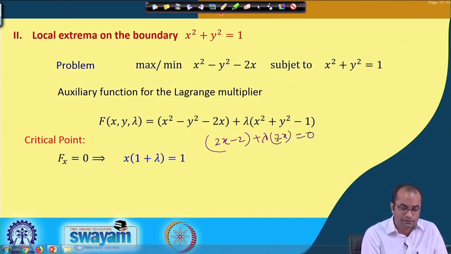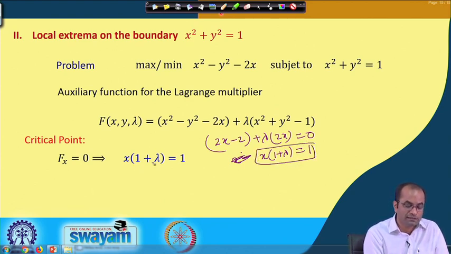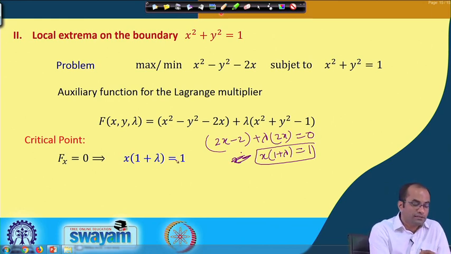This 2 will be cancelled from everywhere. We have x plus lambda x. So, x we can take common here. So, we have 1 plus lambda, and then the minus 1 on the other side will go plus 1. So, this is x times 1 plus lambda is equal to 1.